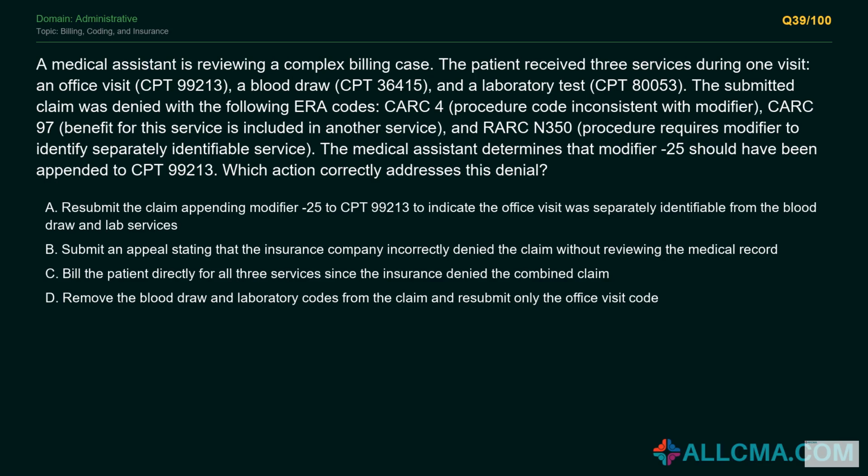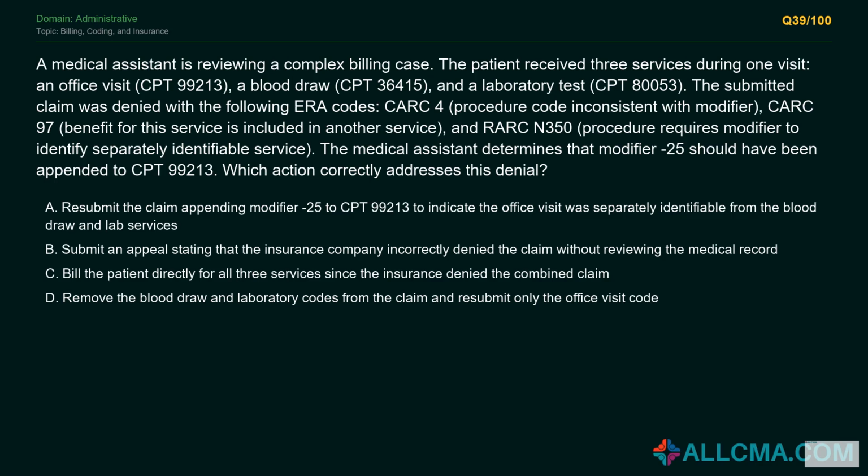The submitted claim was denied with the following ERA codes: CARC 4, procedure code inconsistent with modifier, CARC 97, benefit for this service is included in another service, and RARC N350. Procedure requires modifier to identify separately identifiable service. The medical assistant determines that modifier -25 should have been appended to CPT 99213. Which action correctly addresses this denial?